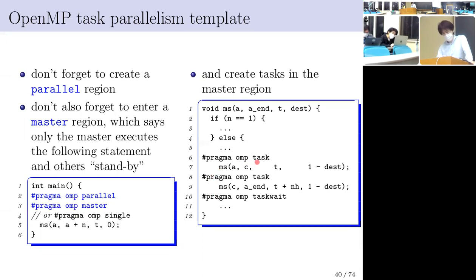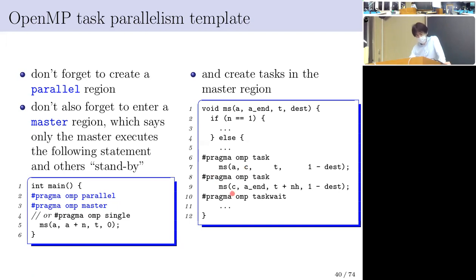So you just say omp task for each of these recursive calls. After you have done these two recursive calls, you just wait for them to finish. Like I said, this recursively creates many tasks, even though on the surface, it just creates two tasks.